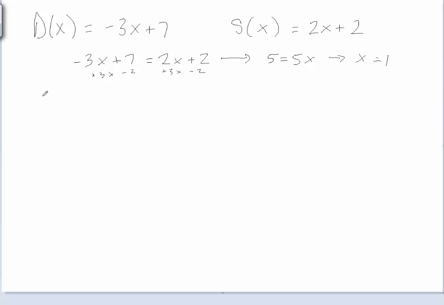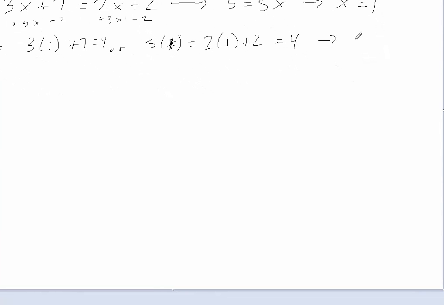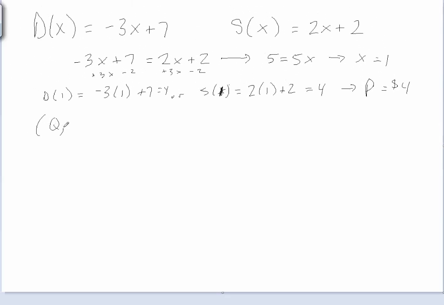To find the equilibrium price, we can either plug x into the demand function or into the supply function. And in each case, we got 4. So price is $4.